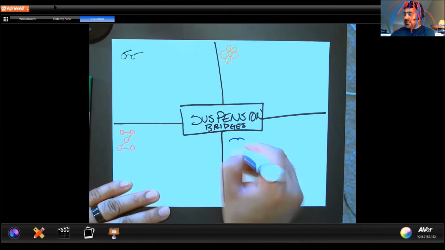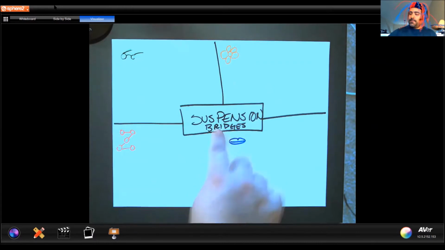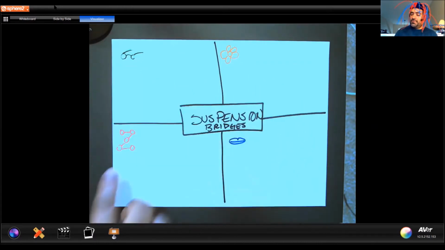And then we're going to look at the language of the discipline. In other words, what kind of words do experts use when they are describing the bridges? So put suspension bridges in the middle, details, multiple perspective, patterns, and language of the discipline.